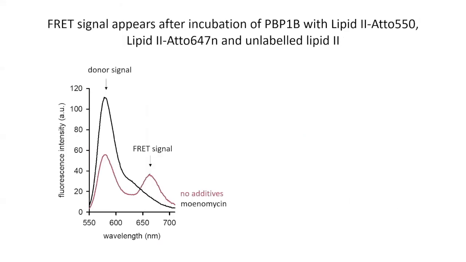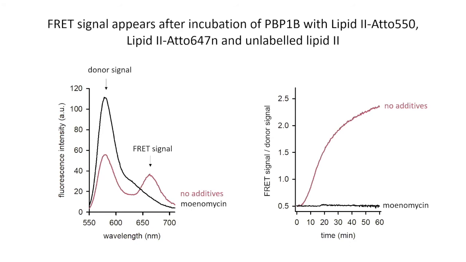So we prepared reactions with all these components, the enzyme and the three types of lipid 2. And then we observed that indeed FRET appeared. So we saw emission of the acceptor when we excited the donor. And this FRET signal was inhibited if we added moenomycin, which blocks glycosyltransferase reactions, so no peptidoglycan is synthesized. In fact, we could monitor these activities in real time by calculating a ratio between the FRET signal and the donor signal.